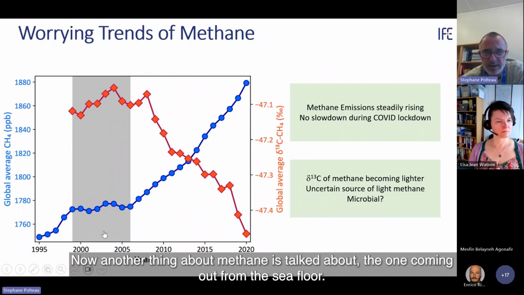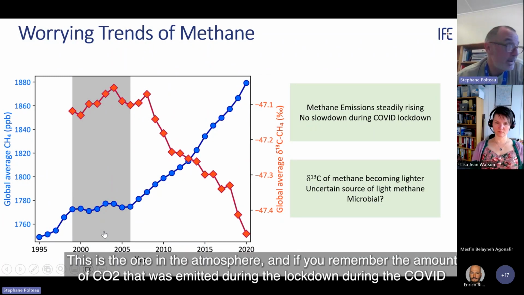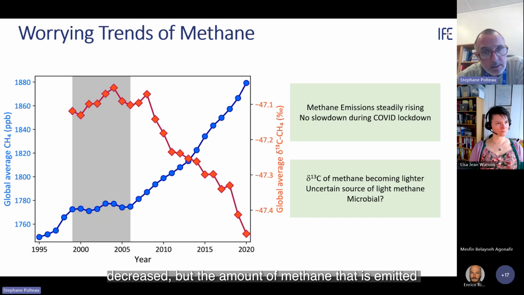Now, another thing about methane. I talked about the one coming out from the seafloor; this is the one in the atmosphere. If you remember, the amount of CO2 that was emitted during the lockdown, during COVID, decreased.